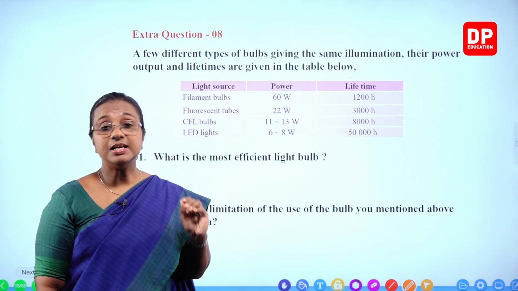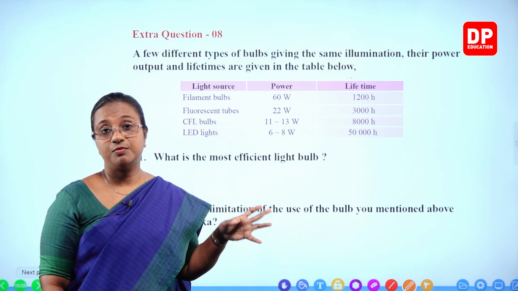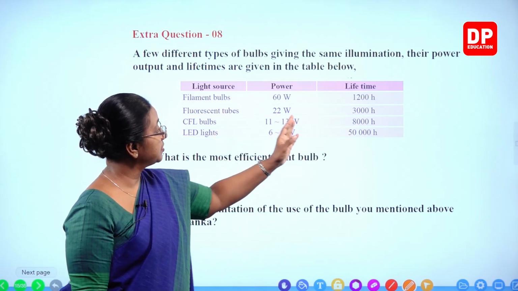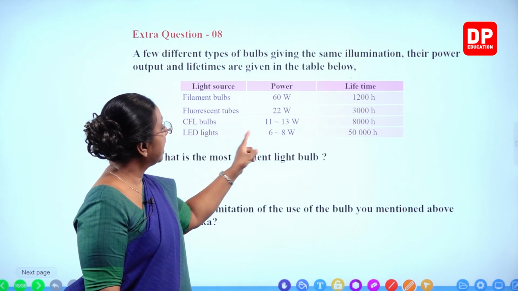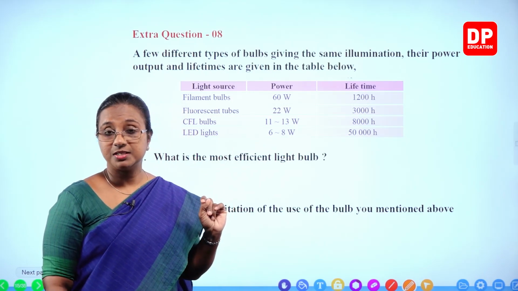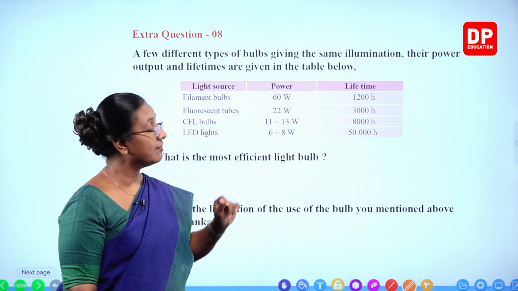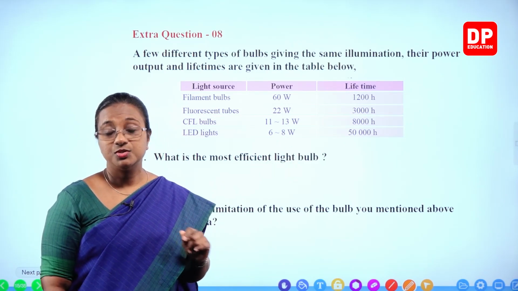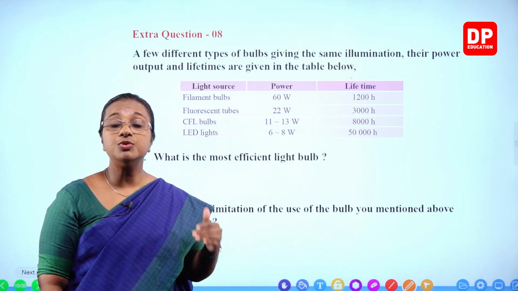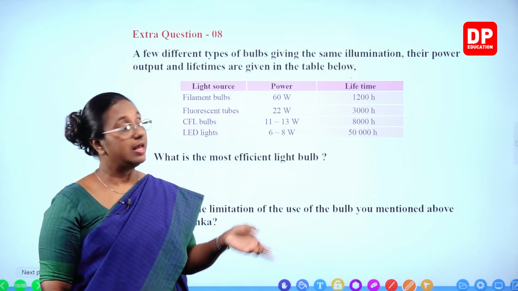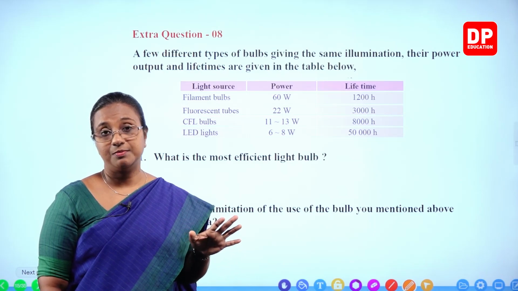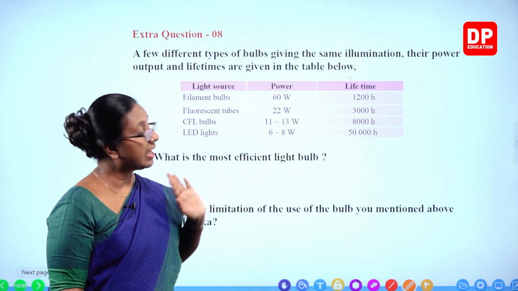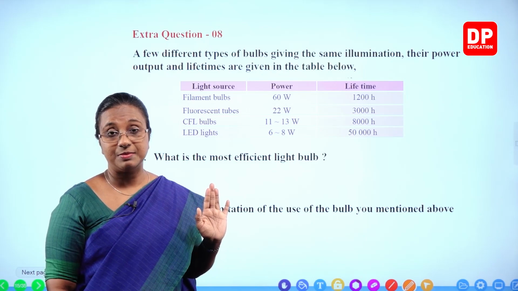Filament bulb is the least efficient bulb. Why? More power consumption, less lifetime. But LED lights have very less power consumption comparatively and they have very high lifetime. So LED is the most efficient light bulb and filament bulb is the least efficient light bulb. That is the information you can get from this particular table.